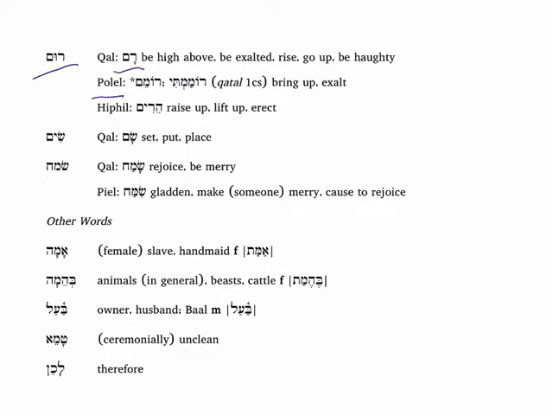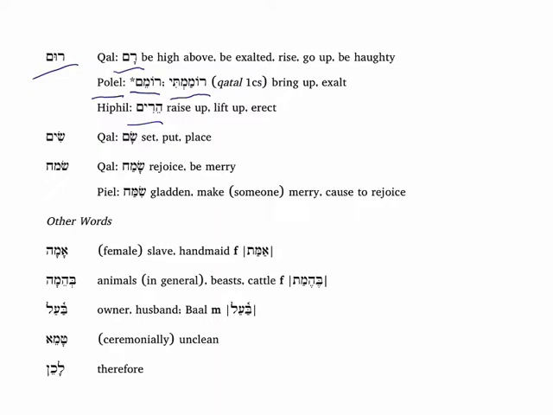And here's our hypothetical form. This particular form is not found in the Hebrew Bible, romem, but a form that is found is the qatal first common singular, romamti, to bring up.